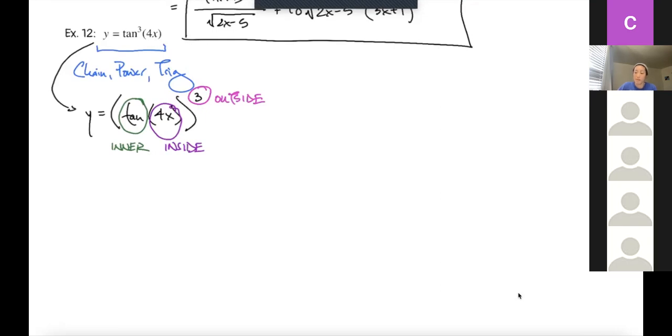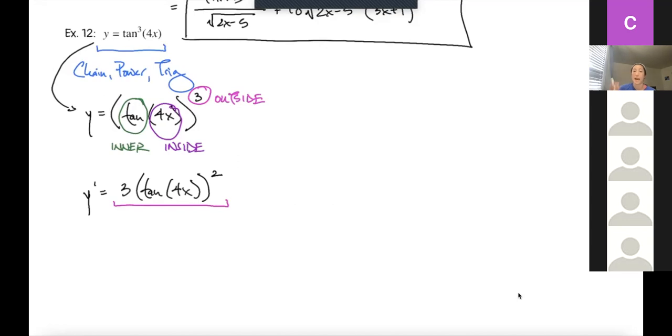Okay. So we've got 3 functions here. We can still use chain rule. We're going to work our way from the outside all the way into the inside. Okay. So y prime is going to be, the first thing will be 3 tangent of 4x squared.